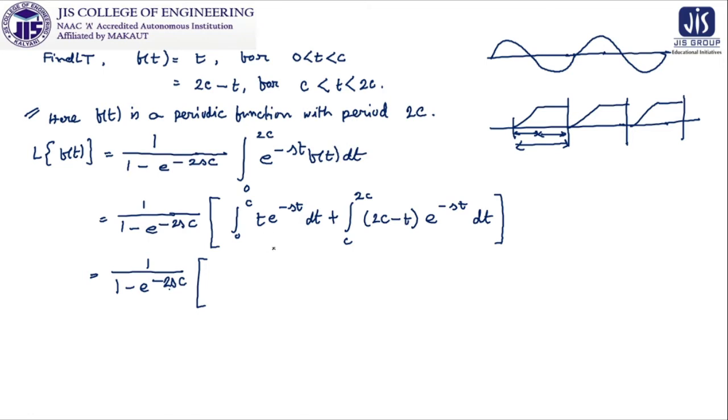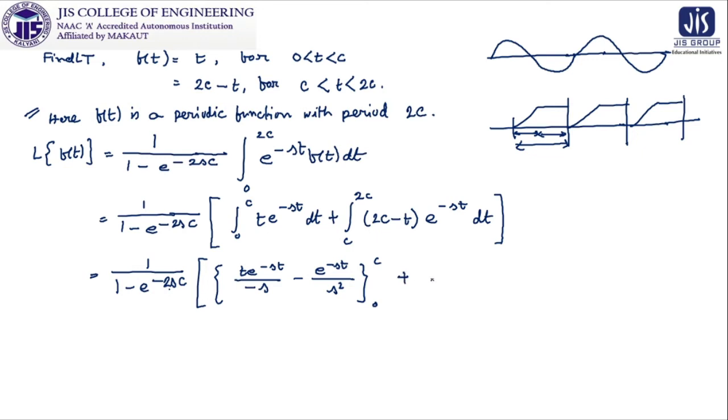Integration by parts for the first part will give us t e to the power minus st by minus s, minus e to the power minus st by s square, from 0 to c.